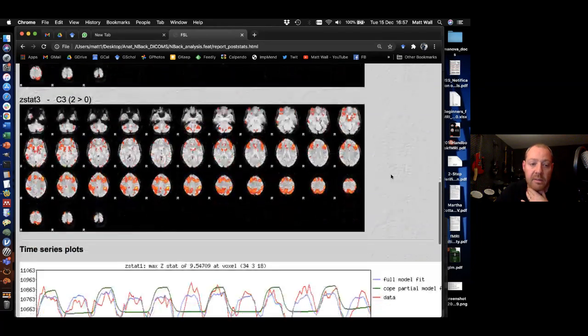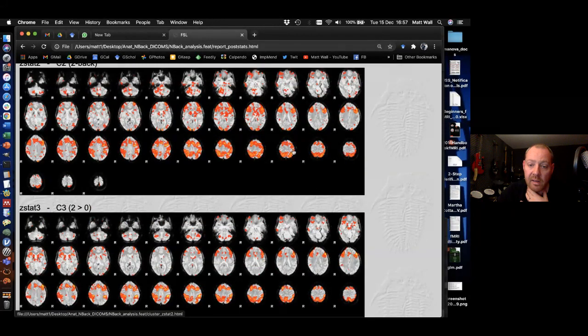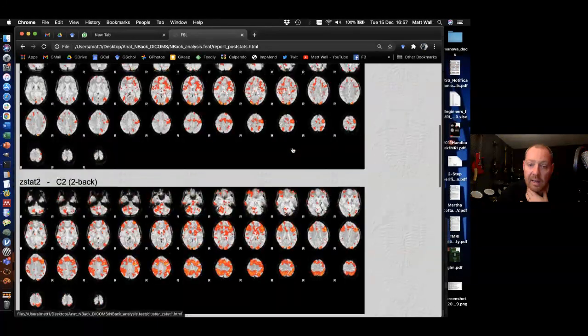And the result we actually want to see is the difference between the two. So here we see the areas which are relatively more active in the hard condition than in the easy condition. This is our result. So what you can see is that actually we're not seeing the motor cortex activity that we see here and here.